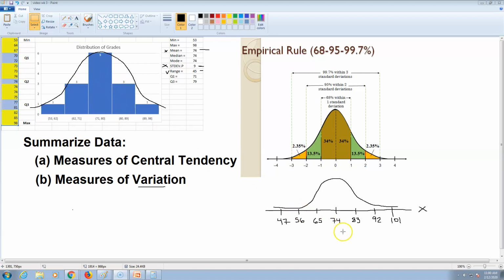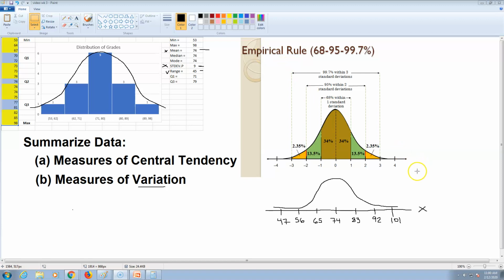Okay, now one of the things I can use this for is to have an idea how my students performed overall in the test. And here's what I'm trying to say. I'm going to use something called the empirical rule.